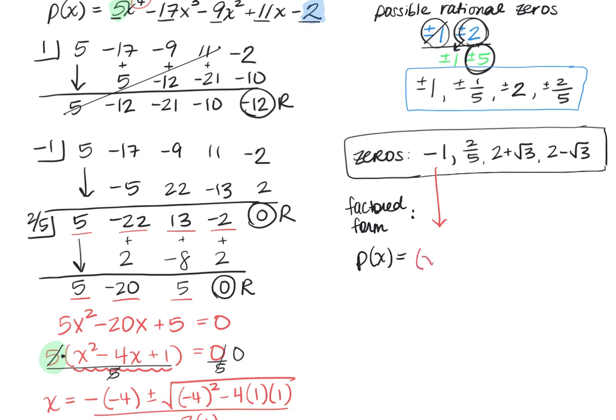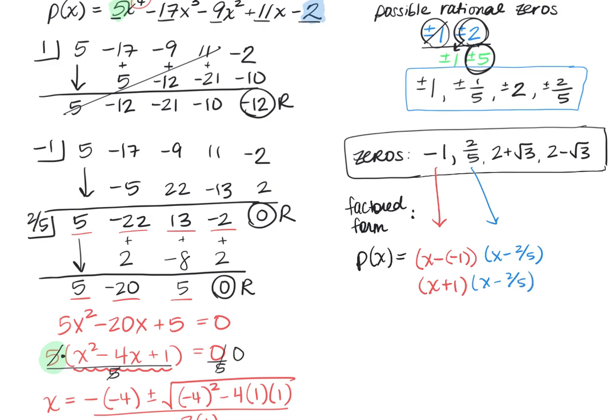Then the factor is always x minus the zero. So in this case, that would be x minus -1, so that will simplify to be x plus 1. That's the factor that produces the zero of -1. My next zero is 2/5, so that produces the factor of x minus 2/5.